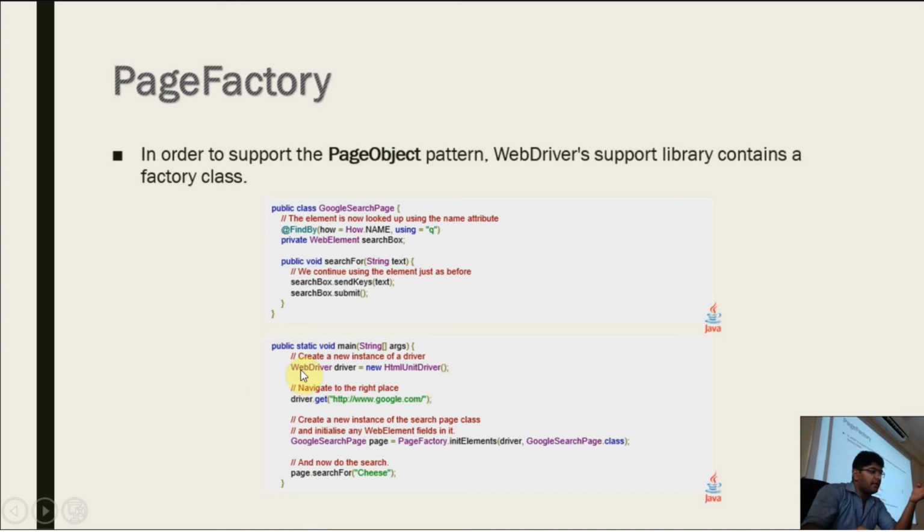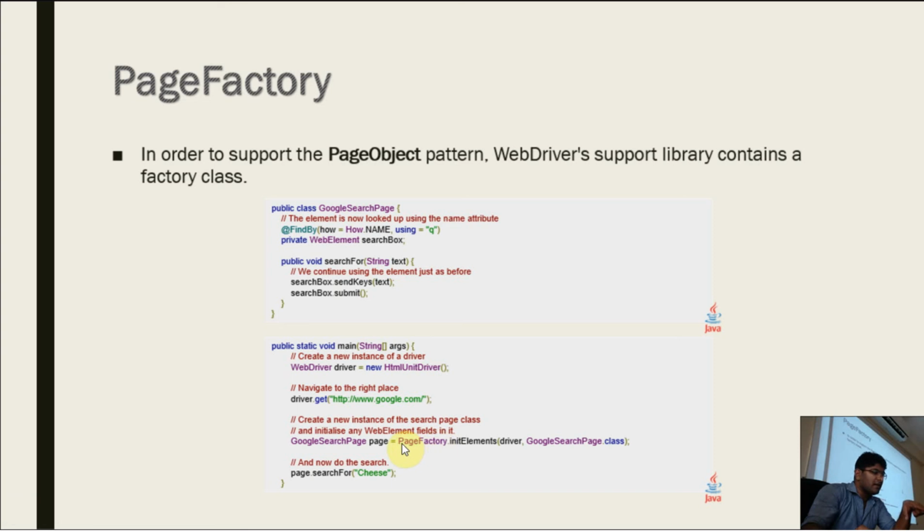And here, this is our class. We define the WebDriver and navigate to a page, and then we need to initialize this object. We need to create an instance using the page factory.